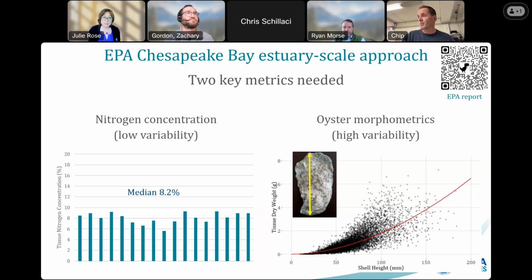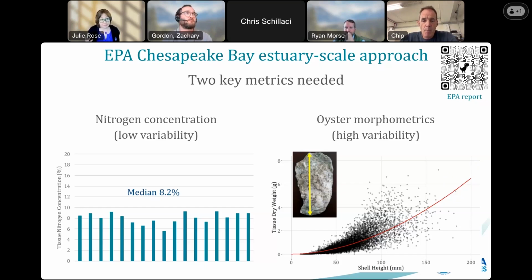This metric exhibits low variability in the literature. And because of the observed low variability within the Chesapeake Bay, the panel made the recommendation to use simply a single value bay-wide. On the lower right-hand corner, you can see the second metric is oyster morphometrics. Specifically, this is the relationship between the size of an oyster, its shell height, and the dry weight of that animal.